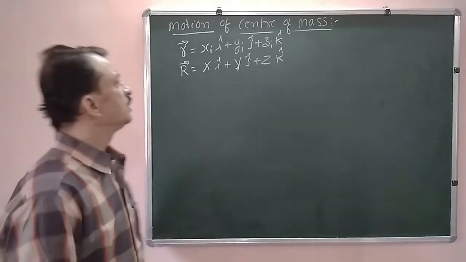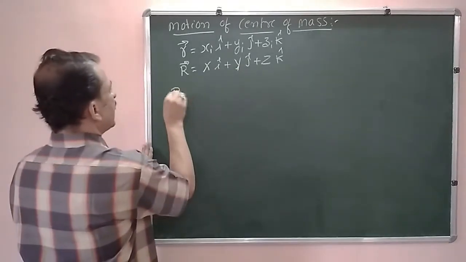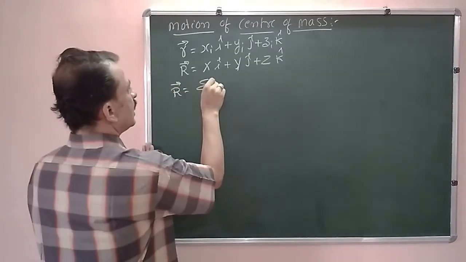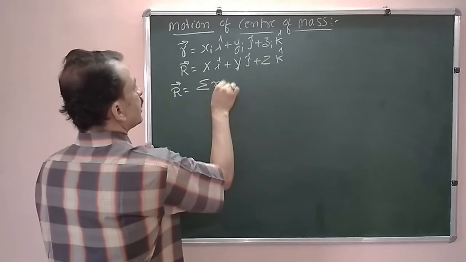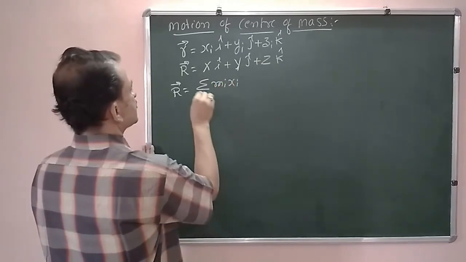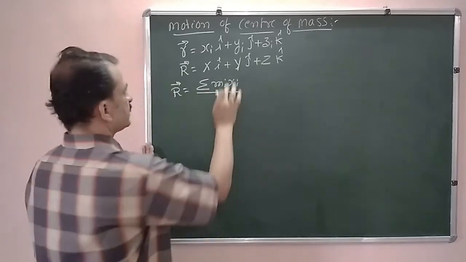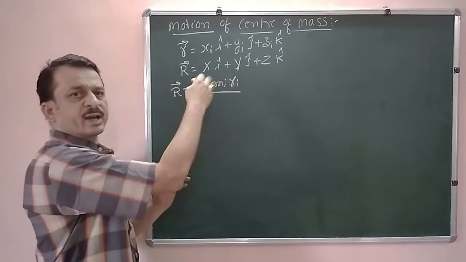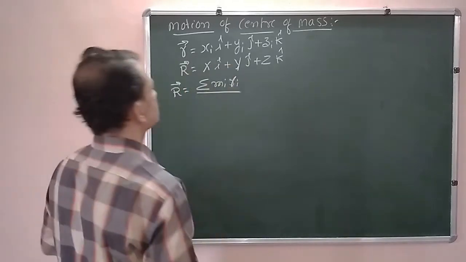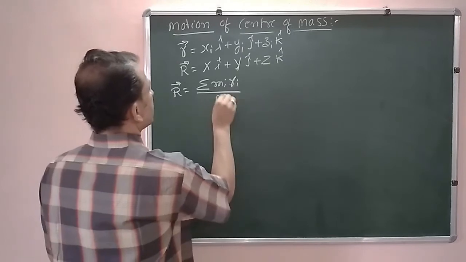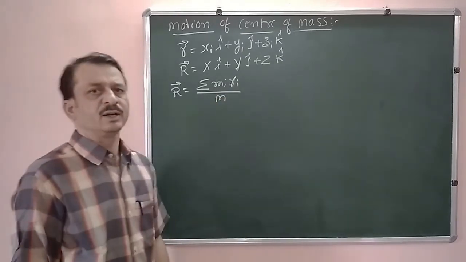And r is given by the formula sigma mi ri, including x axis, y axis and z axis also, divided by capital M.